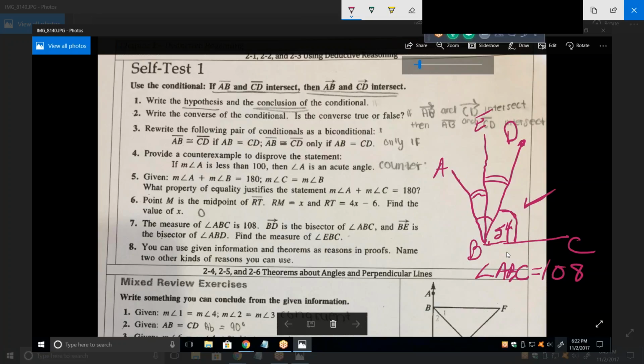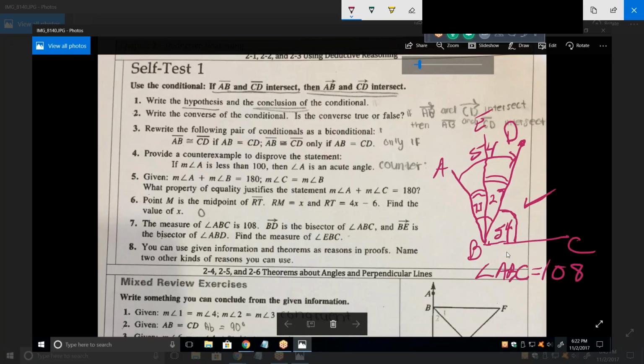In other words, from there to there. 54 too. Now, what are these two angles that I've got double hash marked on each one? Congruent. What's the measurement? Because BE bisects ABD, 27. Okay, so that's 27, that's 27. And now they want to know what EBC is.